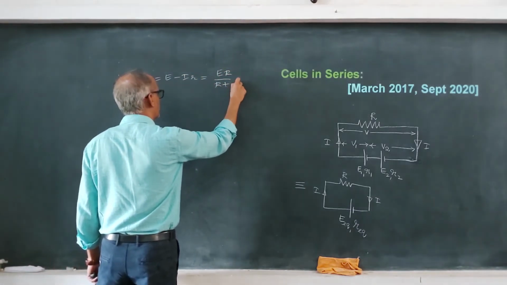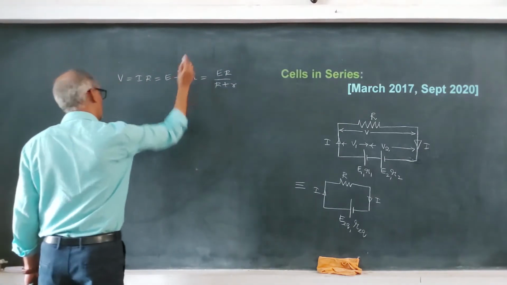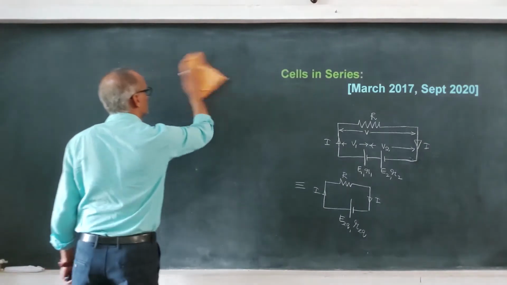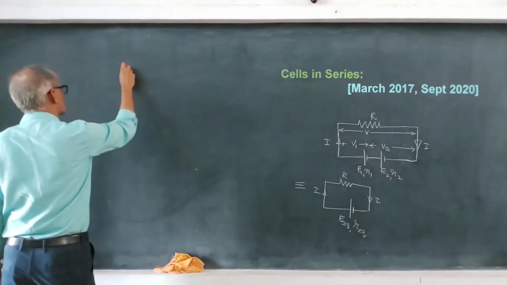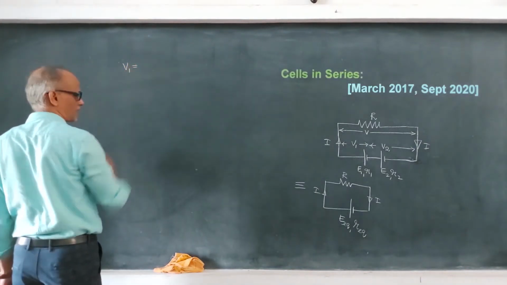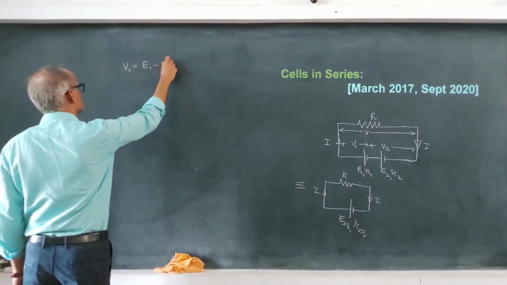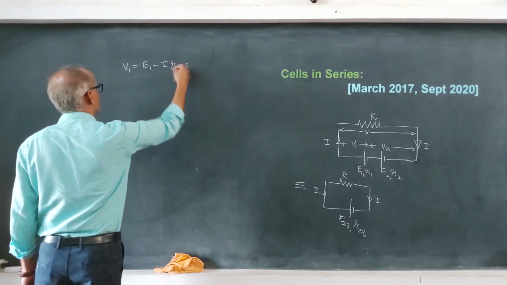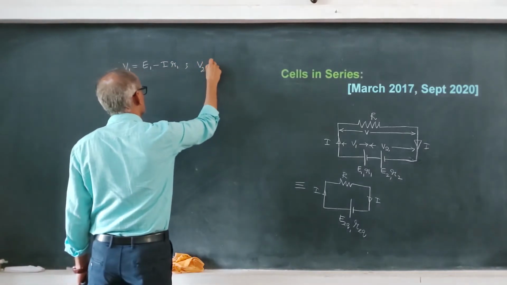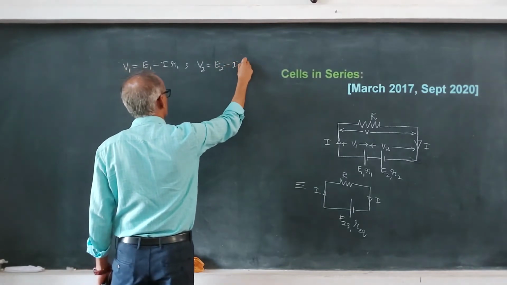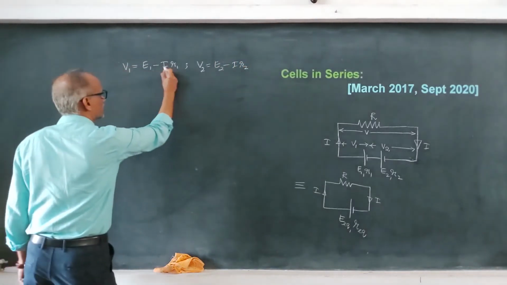These are the three different formats, and I will use the second one. So first, potential difference across the first cell, V1 is equal to E1 minus Ir1. Across the second, V2 is equal to E2 minus Ir2. As you can see, the current is the same.